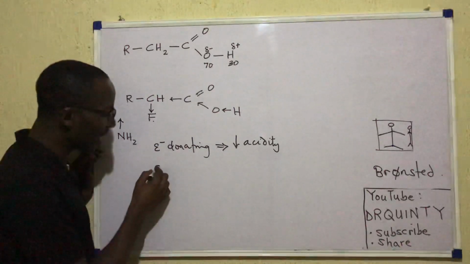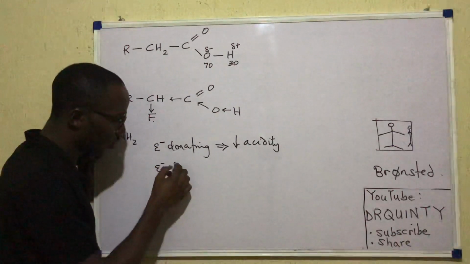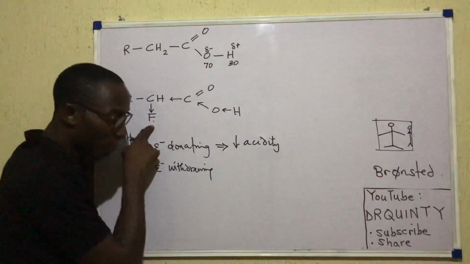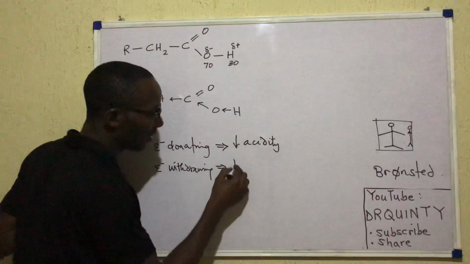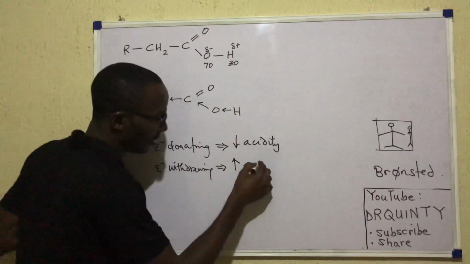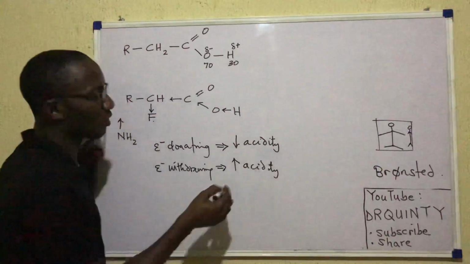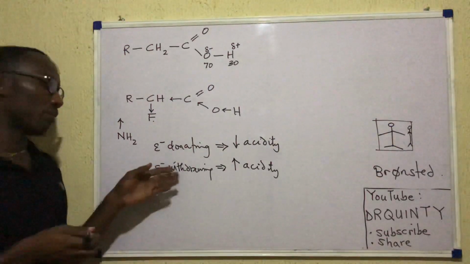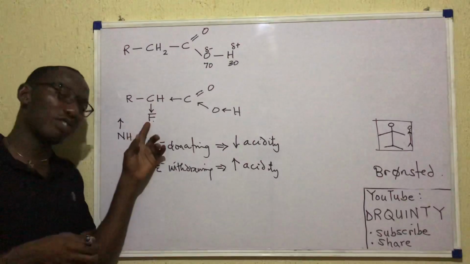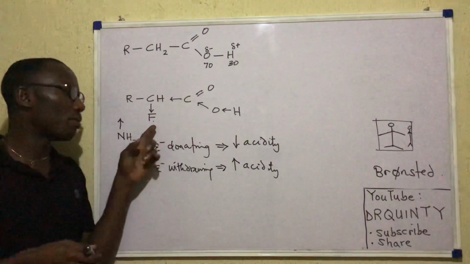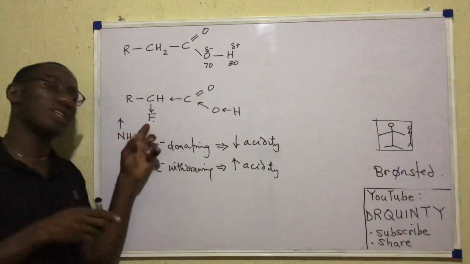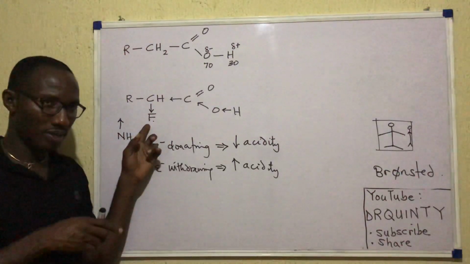Whereas if you add an electron withdrawing group such as F, then that will increase acidity. And of course, take note that F and Cl, they are both electron withdrawing, but F is more electron withdrawing. That means bringing F here will increase acid strength more than bringing Cl there.